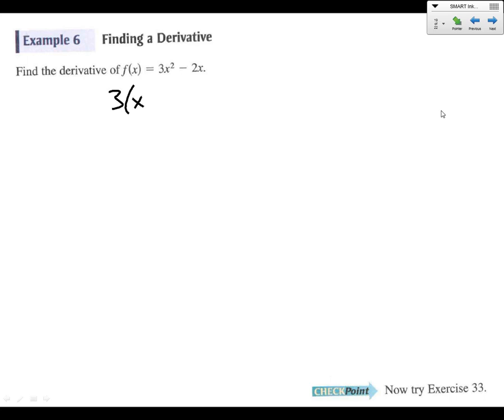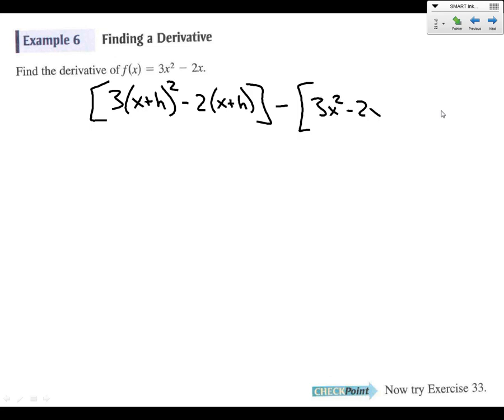3 times x plus h squared, minus 2 times x plus h, minus 3x squared minus 2x. This is all over h.